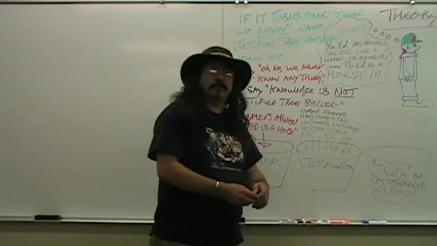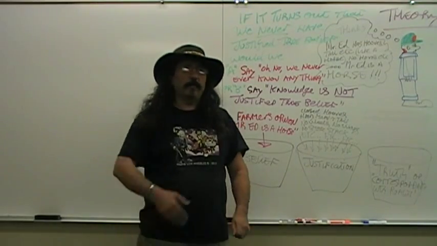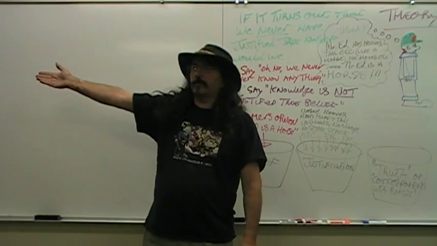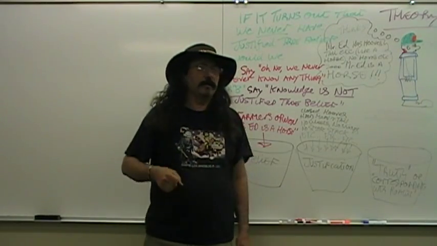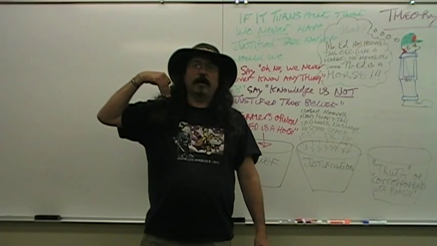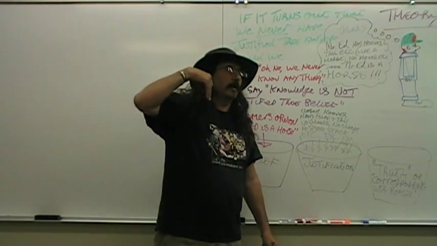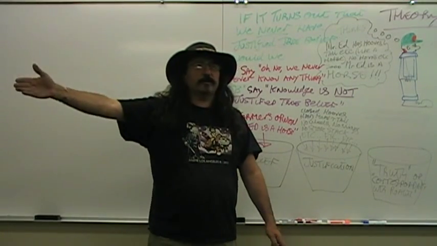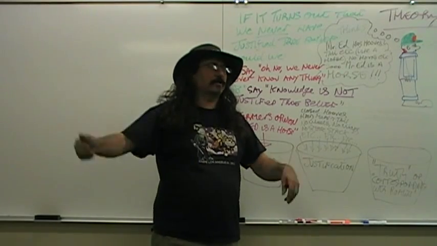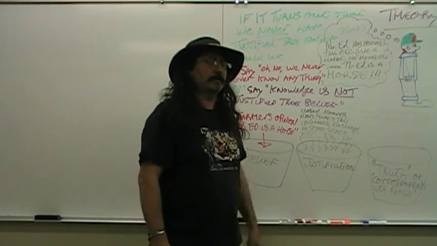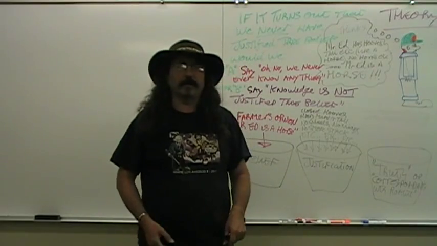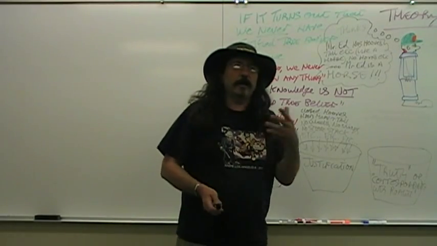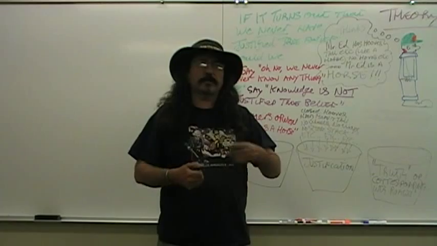I come in from outside, and you say to me, my friend just told me that it's really cold out there. And I said, well, that's true. And you said, what does true mean? And I go, well, true means it corresponds with reality.